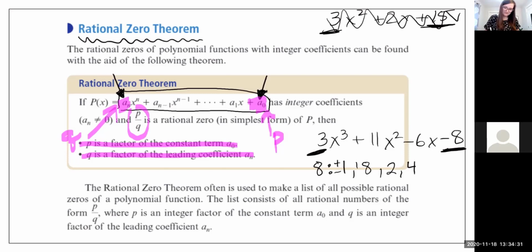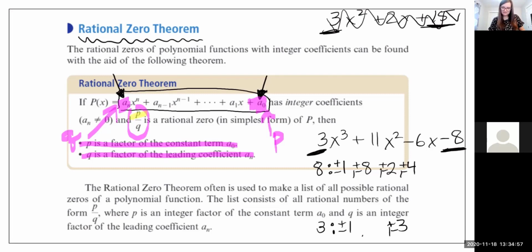So any of these numbers plus or minus would work, as well as anything of that divided by the first factor. So the factors of 3 are 1, 3, and this looks like a lot, but trust me, they reduce pretty quickly. So now let's just look at this.